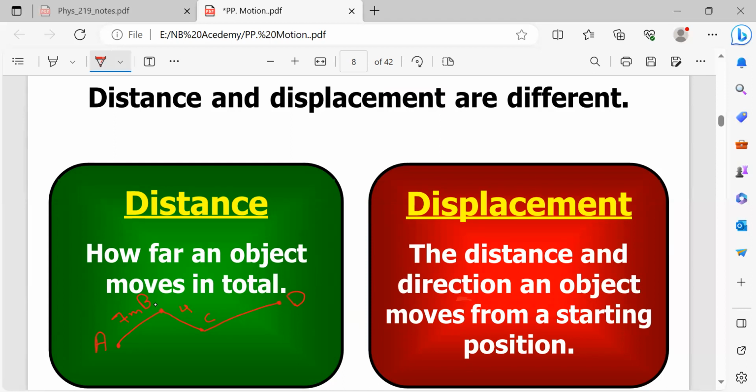The distance here, say it's 10 meters. So to find the actual distance, or the actual length covered by the object, you're going to add each step or each length covered by the object. So here, distance will be 7 plus 4 plus 10.